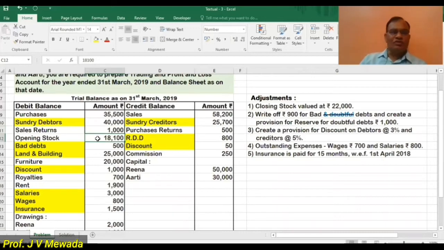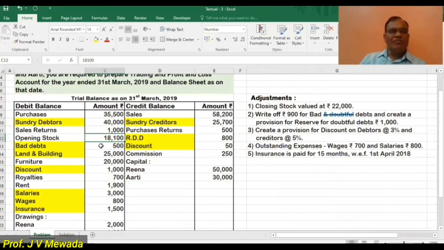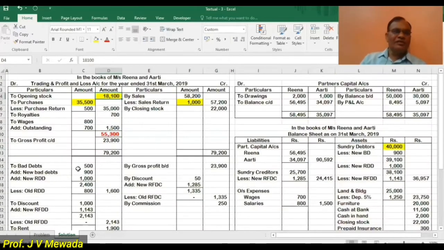Then we are having opening stock. So trading account, debit side, first item is opening stock. Then we have bad debts. So in the formula of debit side of profit and loss account, in the formula bad debts 500, we are writing so 500 on the debit side.